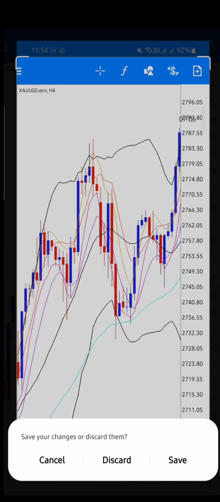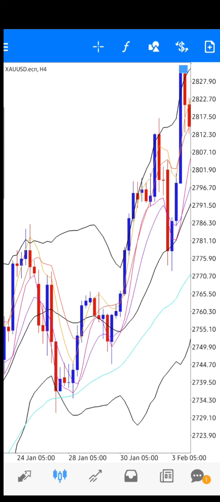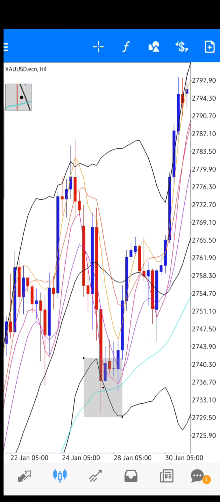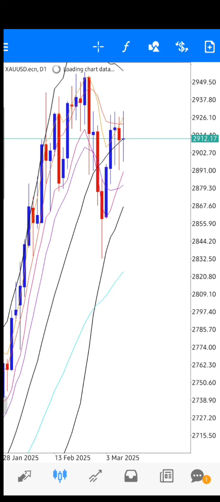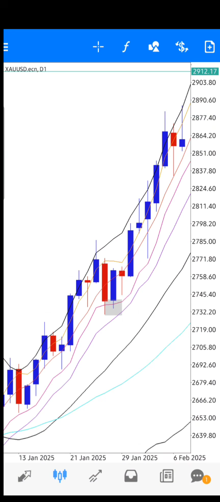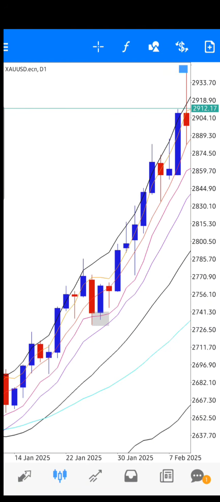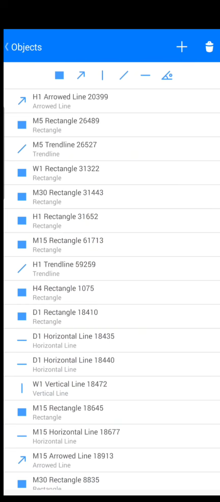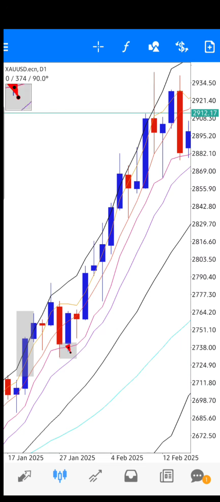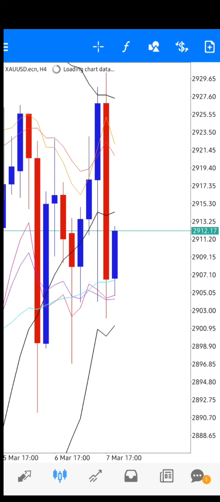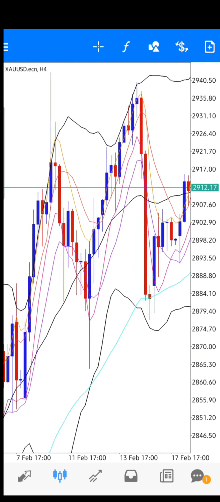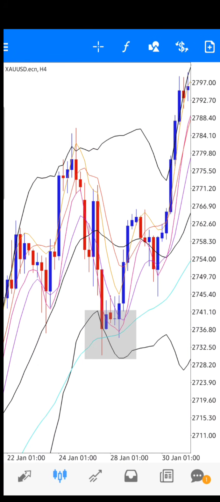Okay, if you mark the zone like that and go to the daily time frame, you can see, look, after the CSM buy, price likes to go for the MA 5/10 low of the daily and then goes for the inner trend.